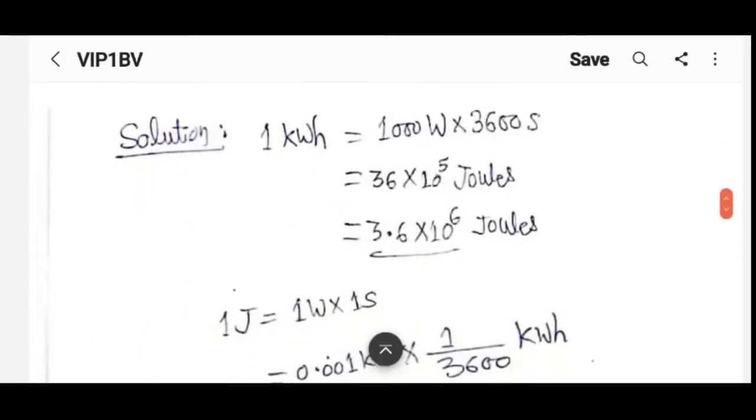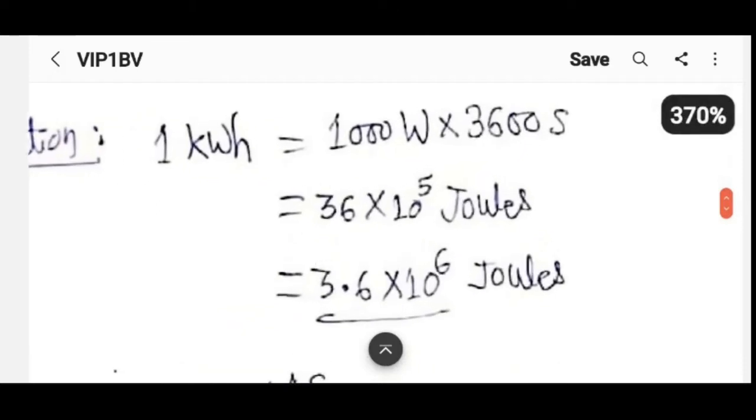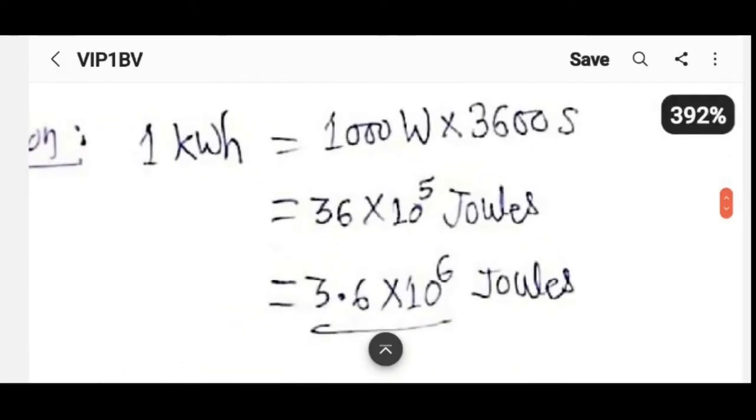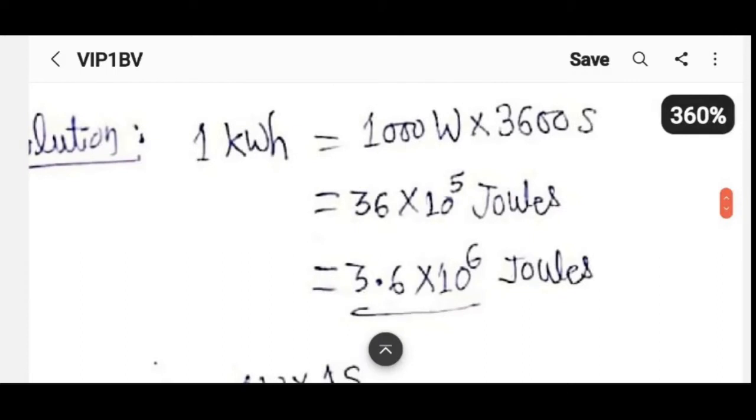Easy to figure out. 1 kilowatt hour is 1000 watt multiplied by 3600 seconds. So 36 multiplied by 10 raised to the power 5 watt into second, and watt into second is joules. So 1 kilowatt hour is 3.6 into 10 to the power 6 joules. You can Google this, you'll find this answer on the net.